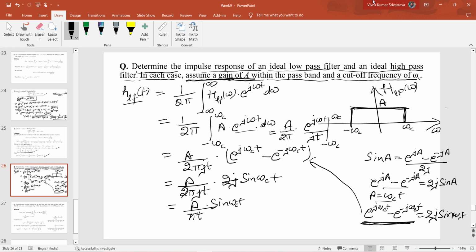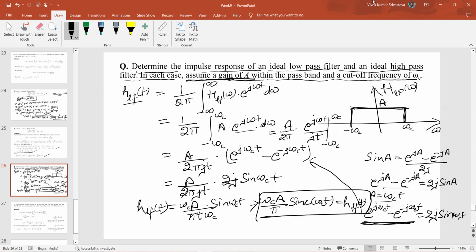Now I am multiplying both the numerator and denominator by omega c. Once I substitute this, I will get omega c A by pi into sinc of omega c t. So this is basically the impulse response of the low pass filter.